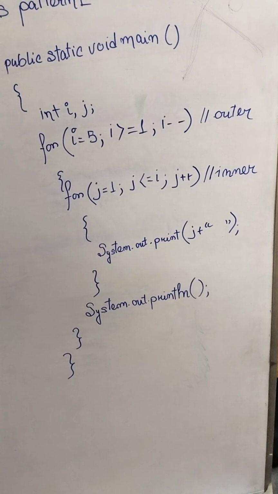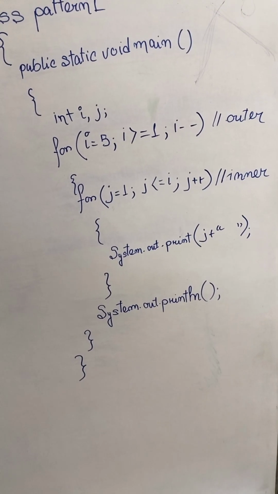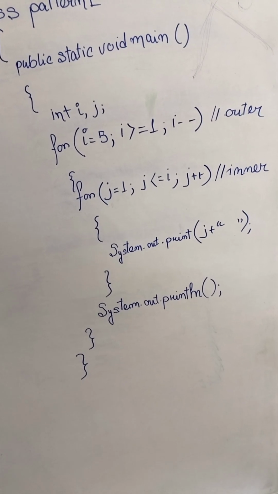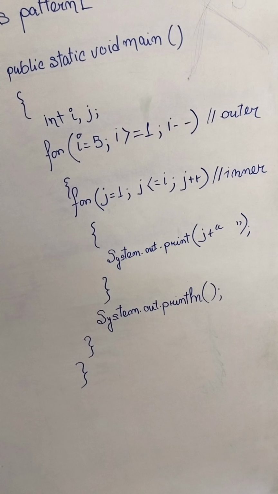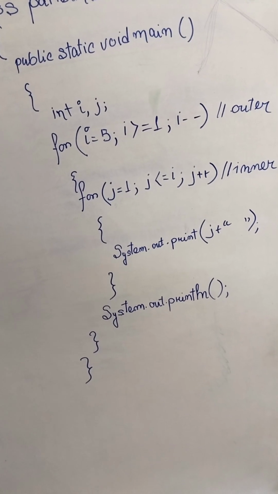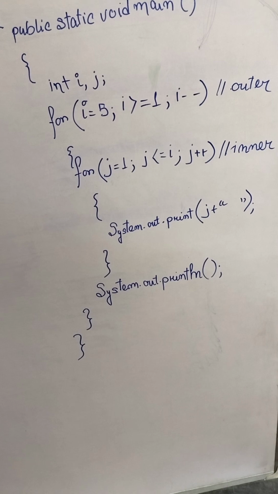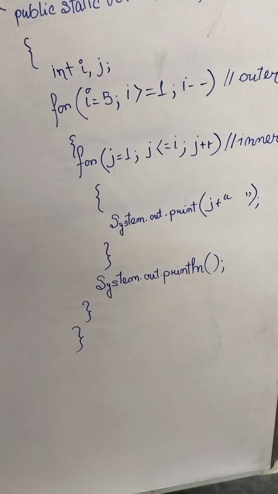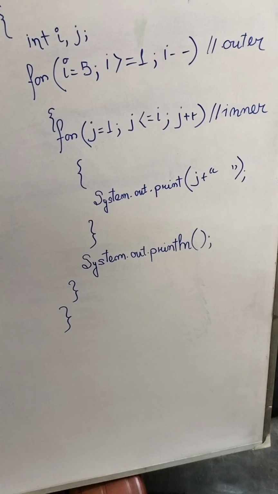When i is equal to 5, it will run 5 times. When i is 4, it runs up to 4 times. After each iteration, it is incremented.